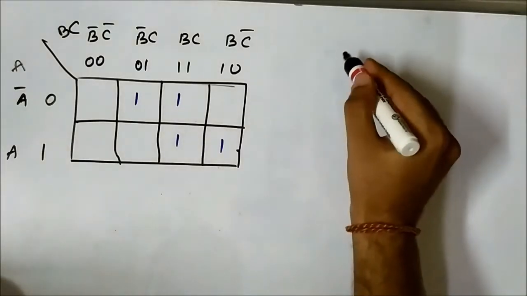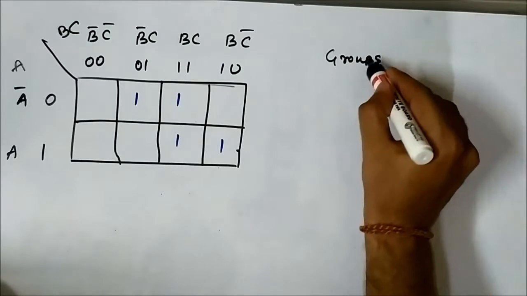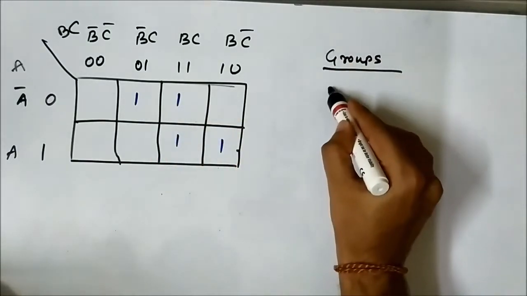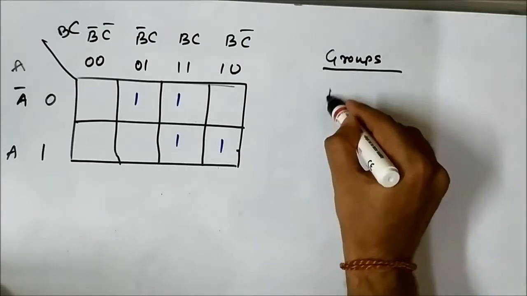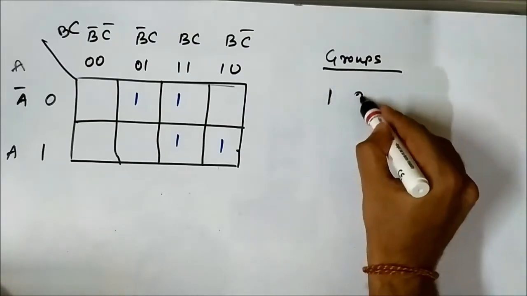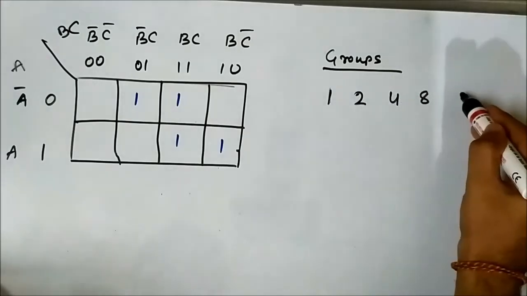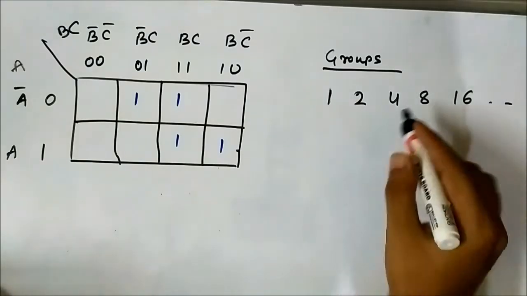Now when we perform groups, the condition is that groups can accommodate one cell, meaning a single cell, 2, 4, 8, 16, like that, number of cells.